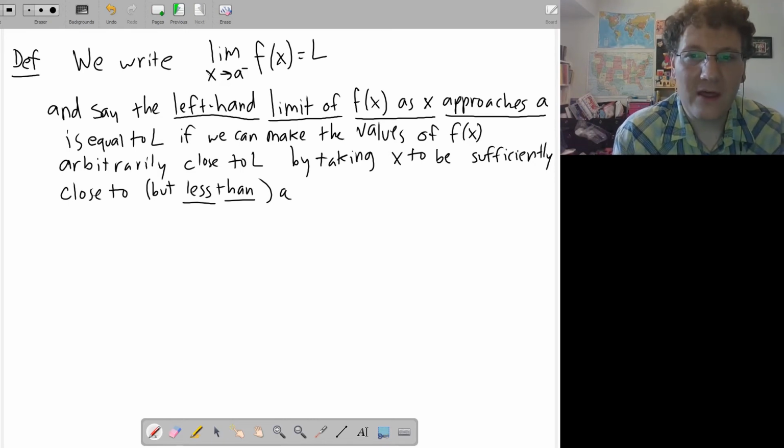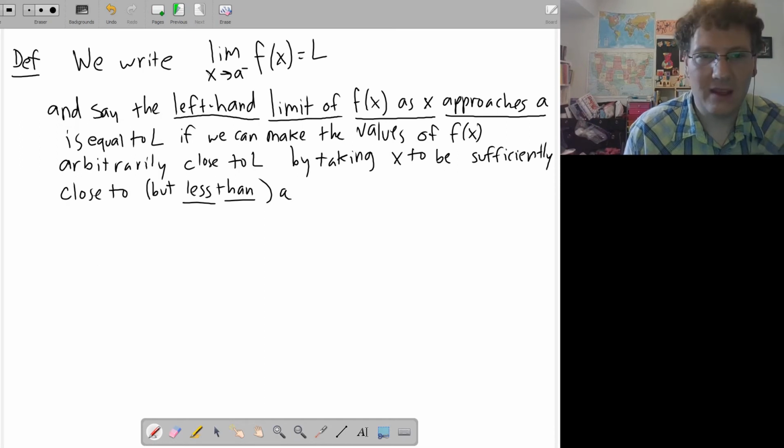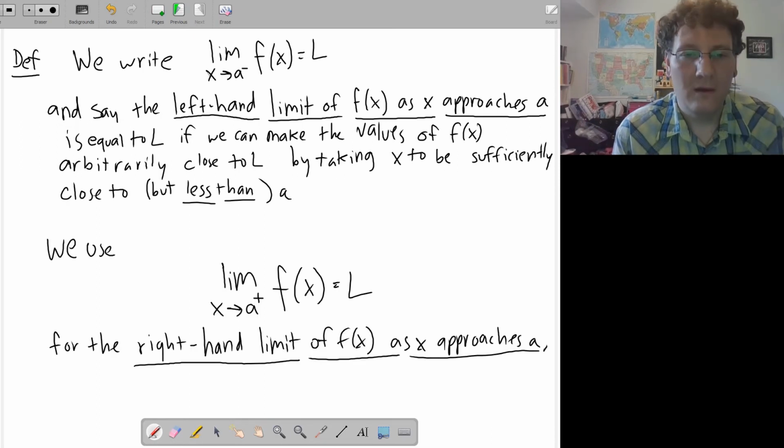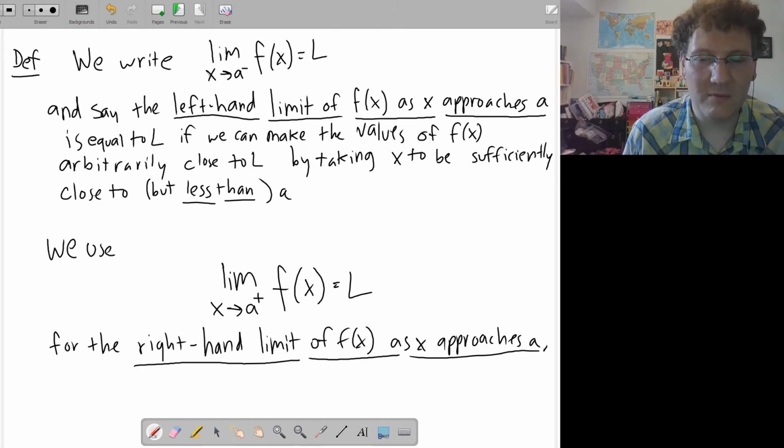This means we can make the values of f of x arbitrarily close to L by taking x to be sufficiently close to, but less than, a. And we'll write it like this when we talk about the right-hand limit of f of x as x approaches a. Just notice that we put the little plus as a superscript instead of the minus.